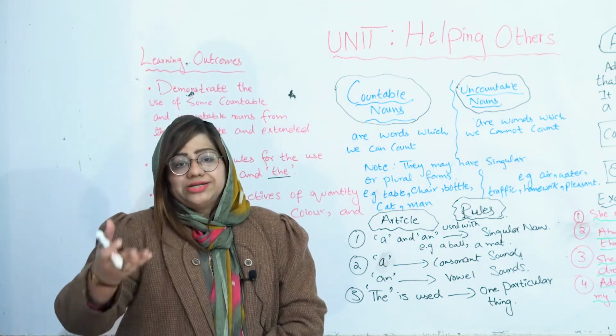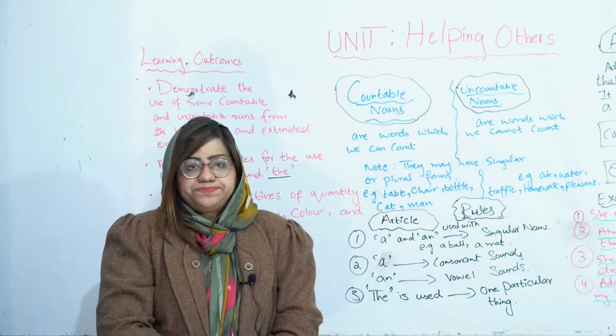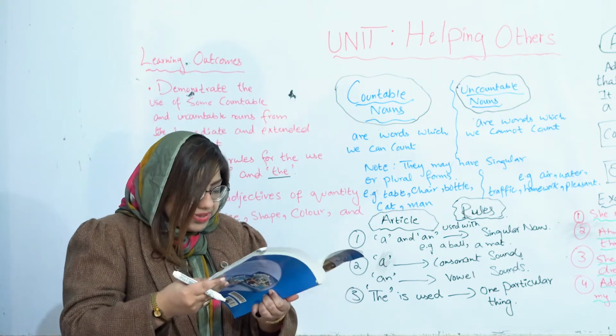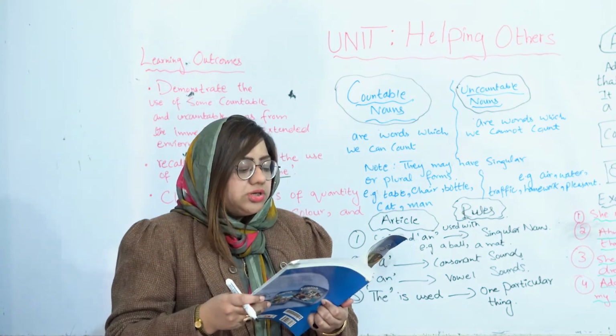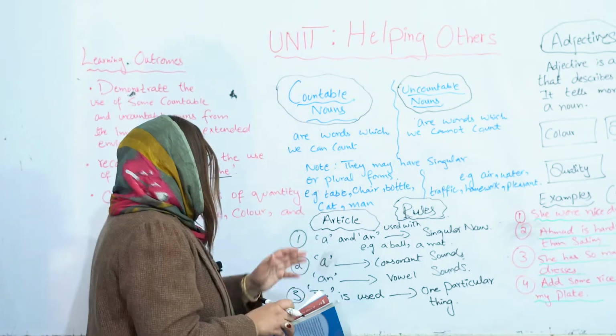Now there are categories of nouns: countable nouns and uncountable nouns. You may have a look at this book on page number 8. Before doing this exercise, we need to understand what countable and uncountable nouns are. Let's start.